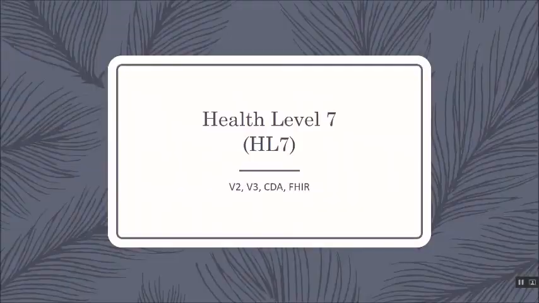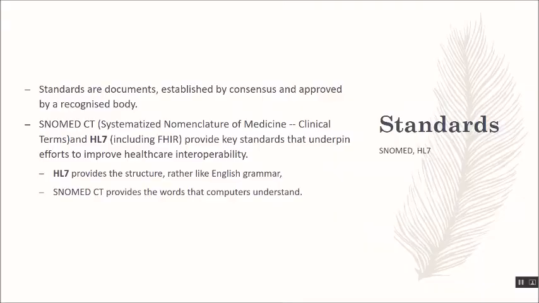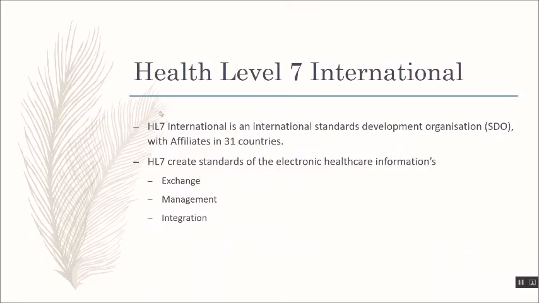Now, let's talk about HL7, Health Level 7. In this chapter, we will talk about the different versions of Health Level 7, including version 2, version 3, CDA, and FHIR. HL7 International is an international standards development organization, which is the kind of recognized body we talked about before.